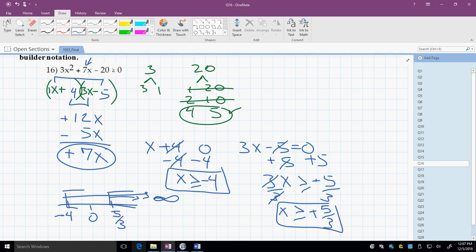Both of them are going this way. They didn't flip the signs. We didn't flip them because we didn't multiply or divide by a negative number. You see, this is going one way, this is going the other way.